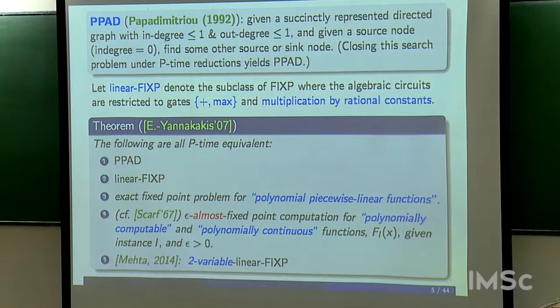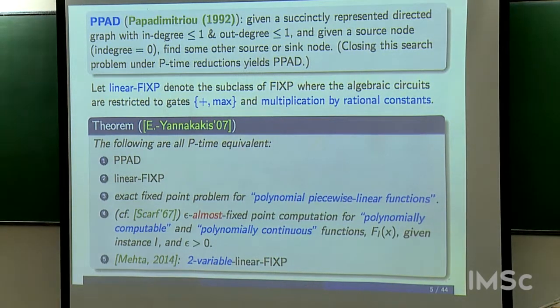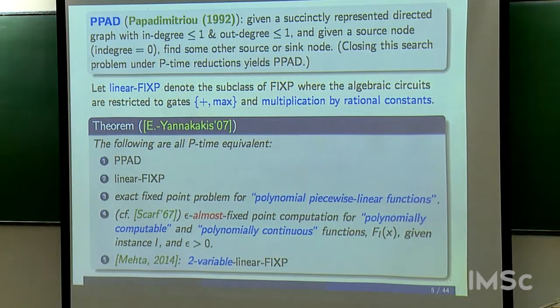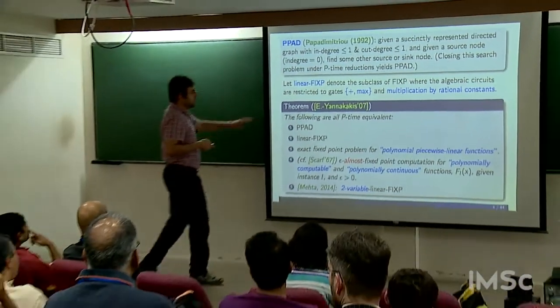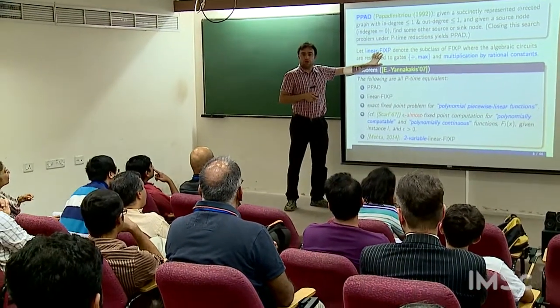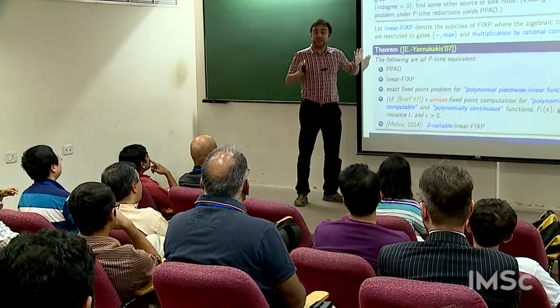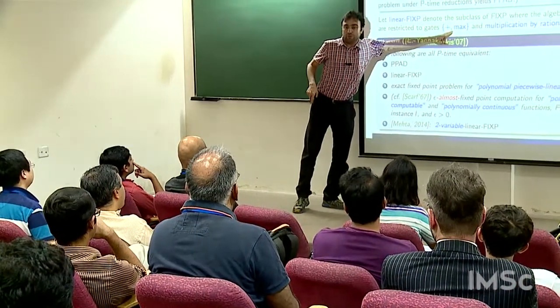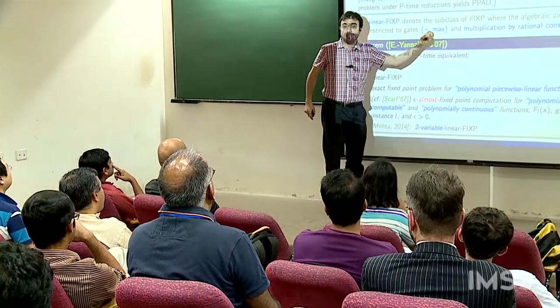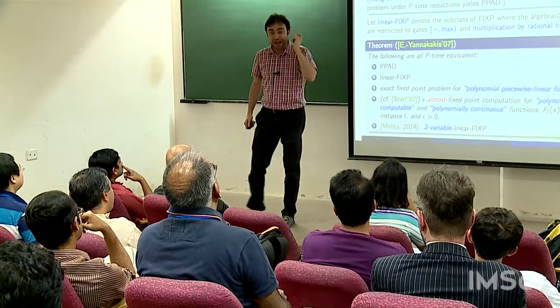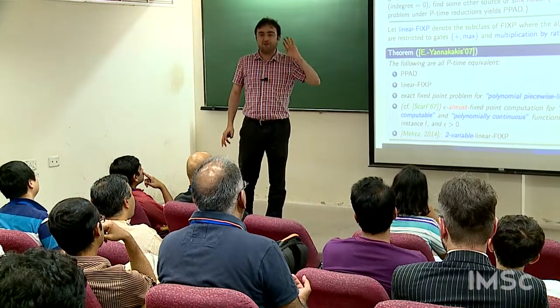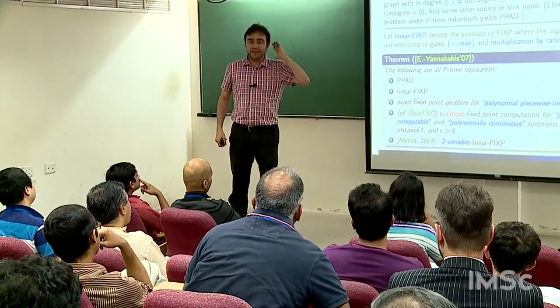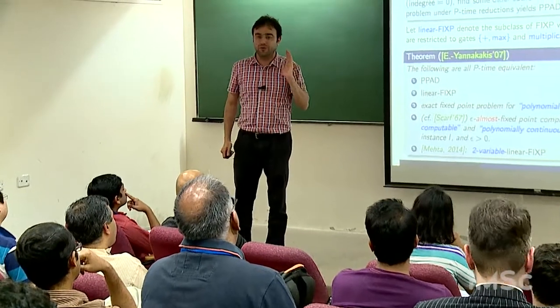I mean, your definition of PPAD is essentially the discrete version. That's right. So when you say linear FIXP, is this what you called FIXPa before? Well, no. It turns out that when you restrict to this without multiplication, you always have a rational fixed point. And so basically, the rational fixed point will always exist, and I can reduce it to the exact problem.